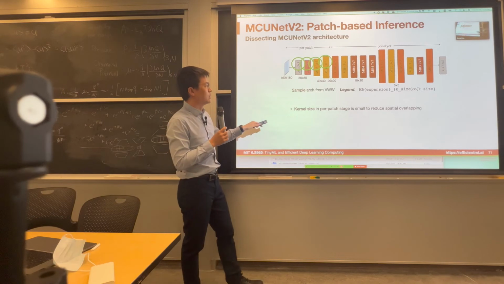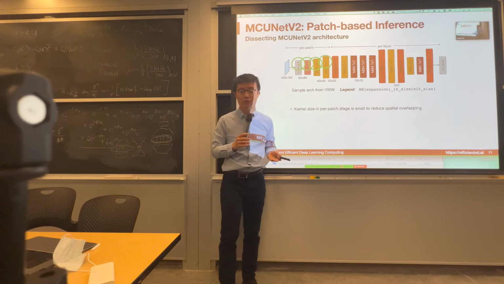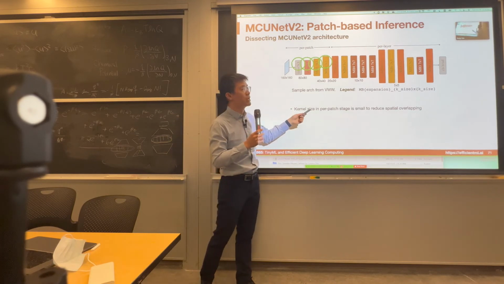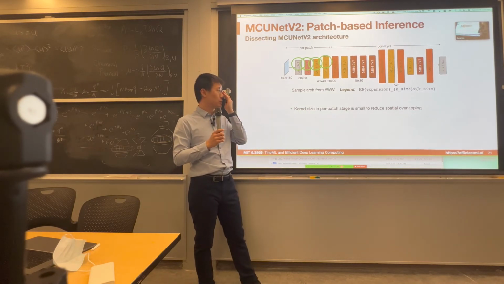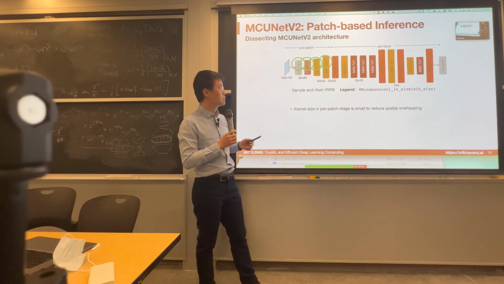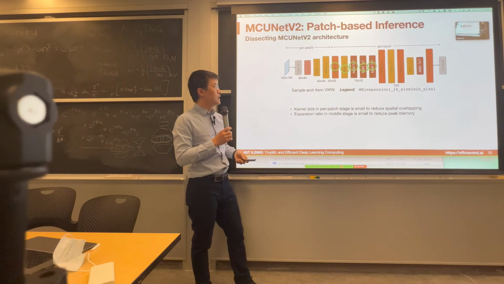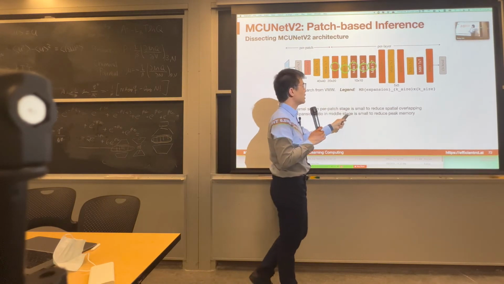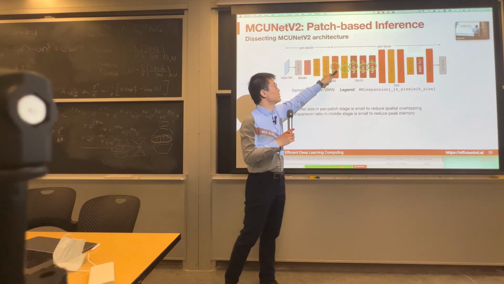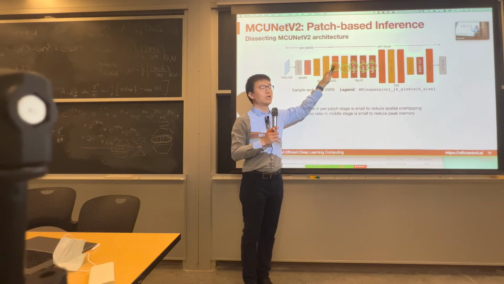And we can find that the kernel size in those per-patch-based stages is very small because we want to reduce the spatial overlapping. For per-patch-based inference, we want to reduce the receptive field overlapping in order to reduce the unnecessary computation. So here they are using smaller kernels, even 1 by 1 kernels. Secondly, the expansion ratio in the middle stage is small to reduce the peak memory. We can find the expansion ratio is only 4 in the first couple of stages, since here we still have pretty big resolution.